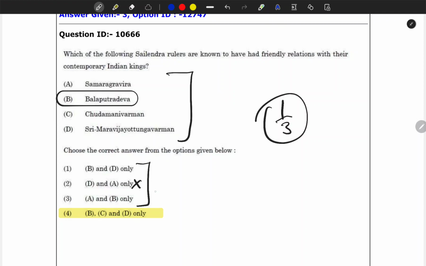So you can easily eliminate two options. If it was 3 options and 4 options, then it would have been difficult, but you can go with the most number of options they have given in that particular question.